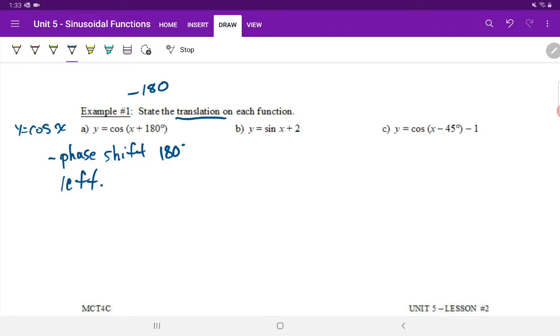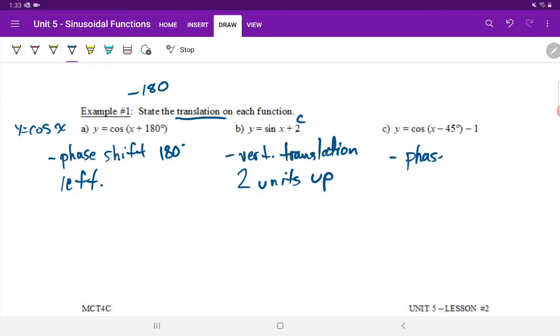Here, the plus 2 is not in brackets, so that must be our c value. Therefore, there is a vertical translation 2 units up. Okay, and here we have 2 different translations. We have a phase shift 45 degrees to the right, because it says minus 45.